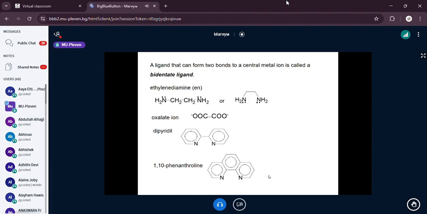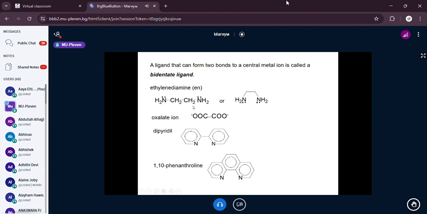Bidentate ligands have 2 donor atoms. Examples: ethylene diamine. Remember this structure. We'll give more examples in the next slides or tomorrow. It is an organic compound.